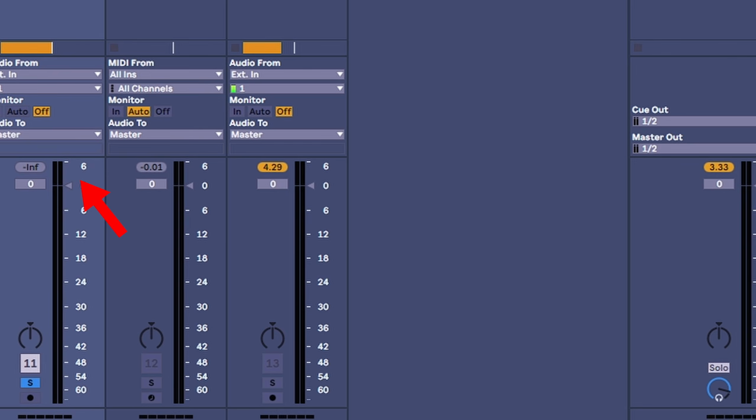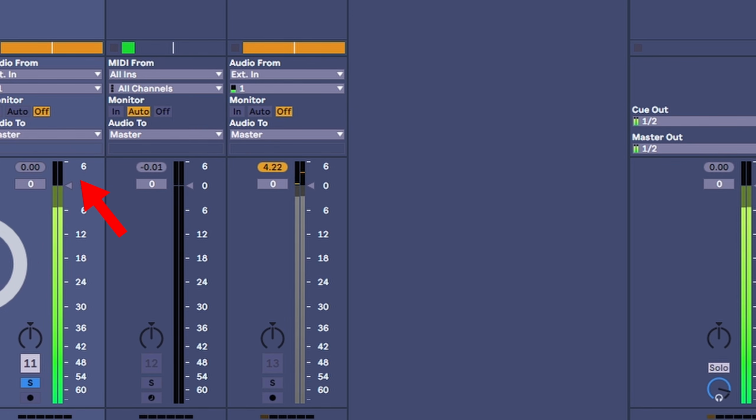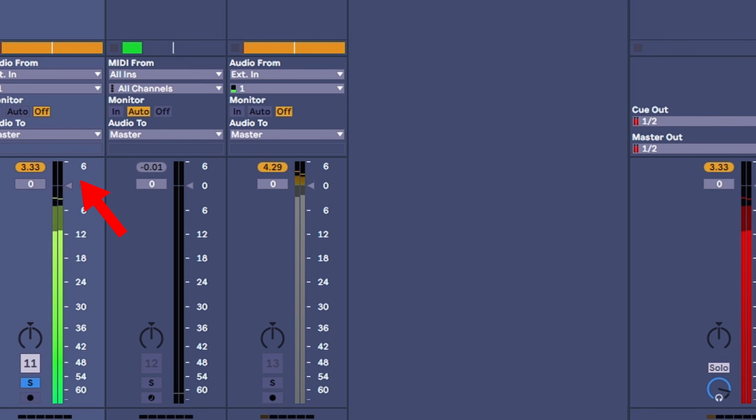Here is the original master. As you might expect, it's at full scale 0. Now with the lows and highs taken away. Suddenly it's over 3 dB louder now.